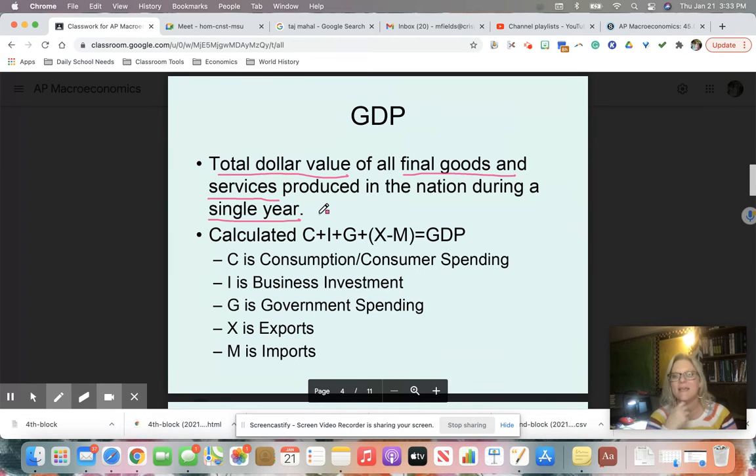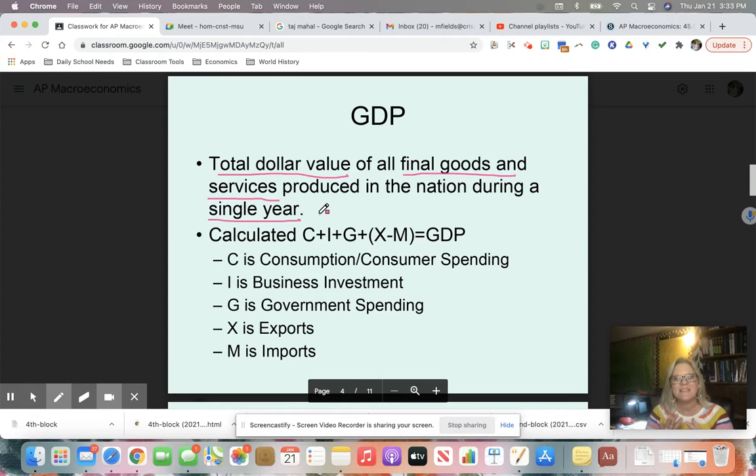But let's say you buy that 2015 Ford Mustang and take it home, and it needs a new battery. So you go out and purchase a 2020 battery to put in your 2015 Mustang. That battery you purchased to put in your used car does count in GDP, because it's the final time that it is bought and sold this year.